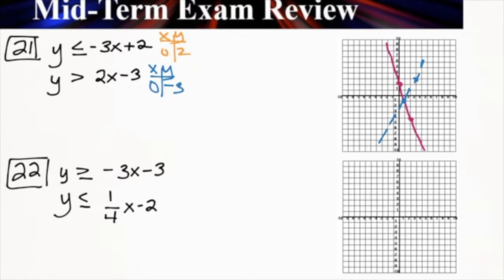That's not allowed because it's not equal to on the second equation, which is 2x minus 3. The first equation is less than. The second equation is greater than.